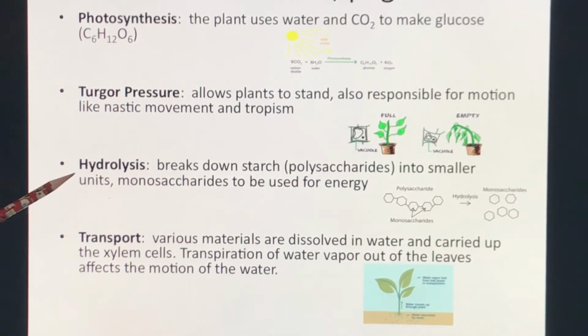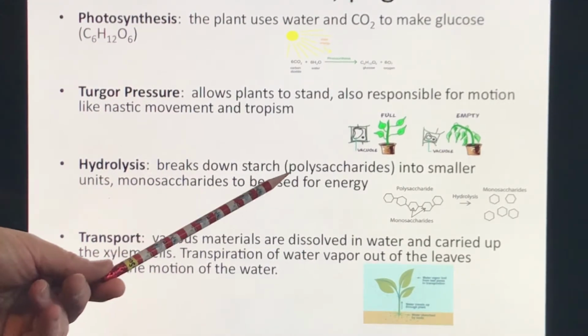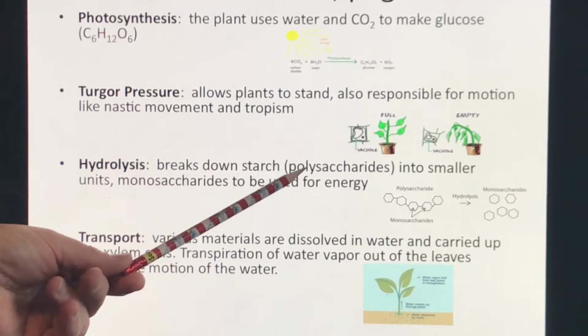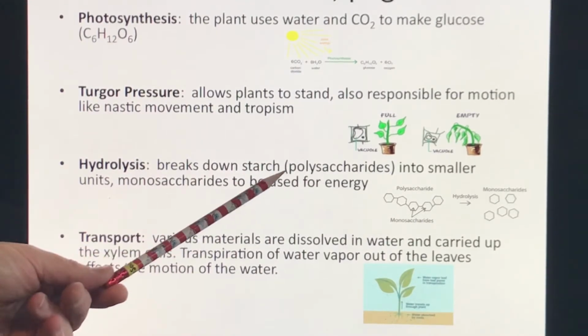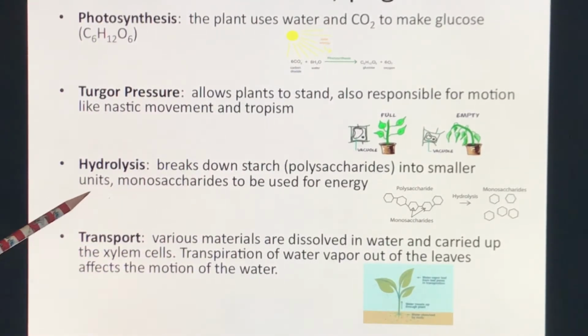Water is also important for hydrolysis, which happens when it breaks down starch, which is formed in the polysaccharides, right? That's many saccharides linked into chains, and they're broken down into smaller units called monosaccharides, which then can be available to use for energy. So that's an important function for water.